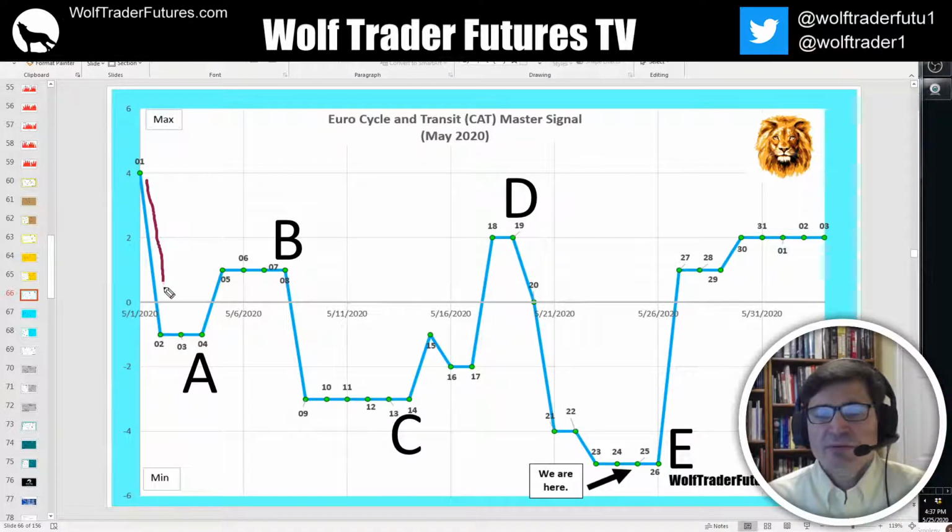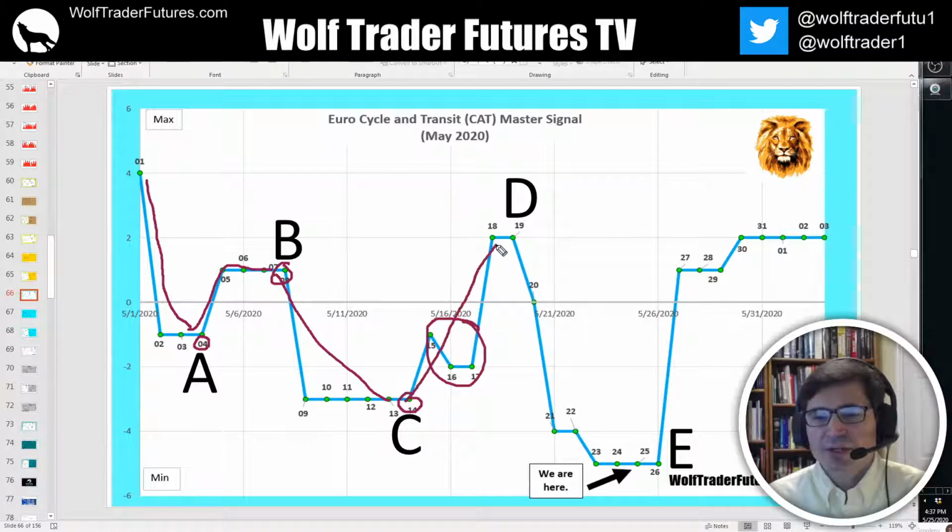So this is the euro, and the euro started out the month going down to A. So on the 4th, it was the buy here. And then it went up to the 8th, and then went down to the 14th. And then we had that same situation again over the weekend. So it was buy Thursday, and then it was back up again. So this occurred over the weekend.